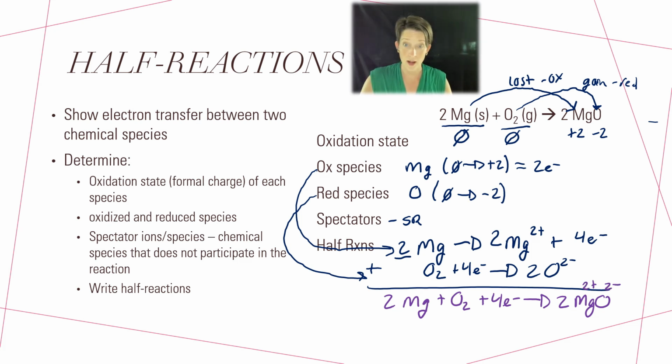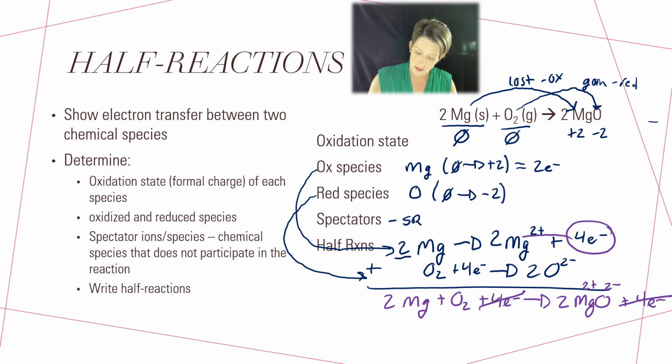They're just in their ionic compound, and 4 electrons. We want to cancel out anything that repeats because those 4 electrons are the same 4 electrons that oxygen had. So they need to be the same number so that they can show that full transfer. So these half reactions are showing us the number of electrons that need to be present in order for the transfer to occur so that the ions and atoms are where they need to be.